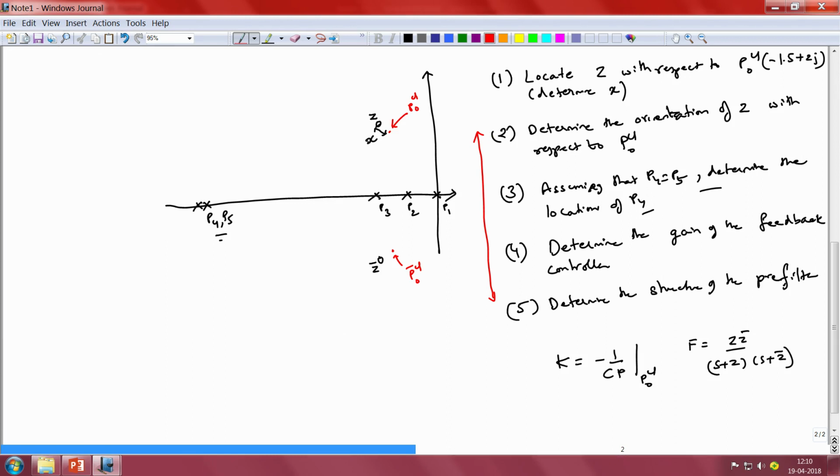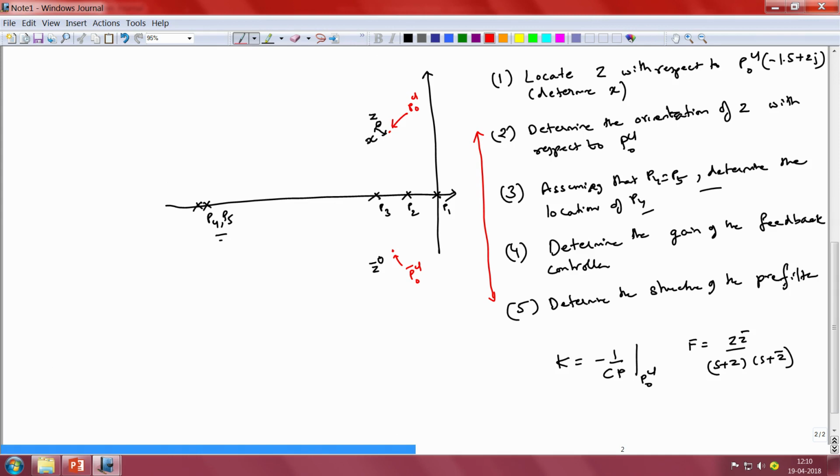So viewers of this clip are urged to look at the design steps in the previous clip in order to understand how to undertake the steps 2 to 5 in this particular design example. Although the numerical values might be different in each of these steps, the procedure that one employs is exactly the same. The procedure and the logic are no different from what we discussed in the first example.